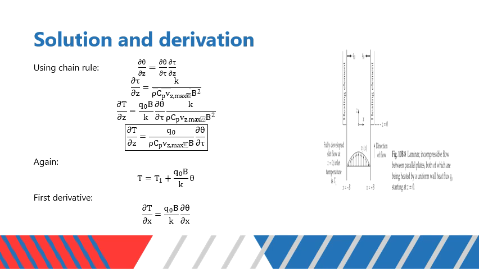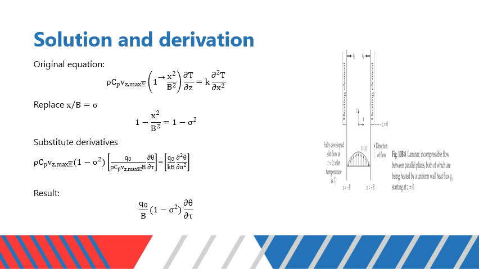Again we will do the same. First we will differentiate and take the derivative. Now we will put all this in the original equation, and we will get 1 minus x square equal to 1 minus sigma square.